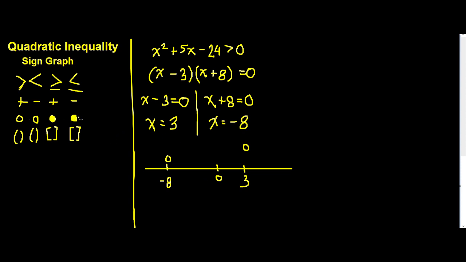Let me explain what these circles mean. In the sign graph, we have what we call a solution set that will determine the solutions that will make your inequality true. If I put an open circle on 8, it is excluded. So open circle means excluded, not part of the solution. A closed circle means included, meaning that number is part of the solution. I will explain it later once we have solved this.